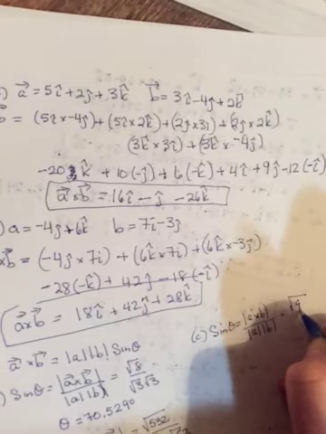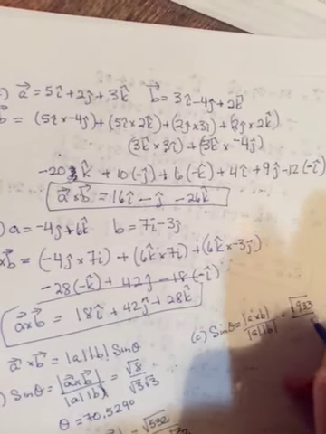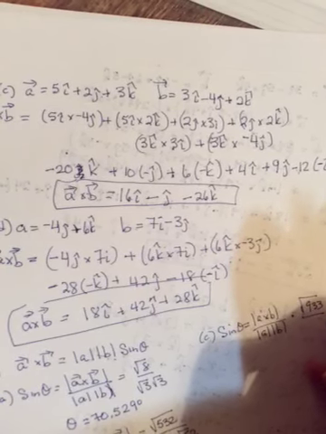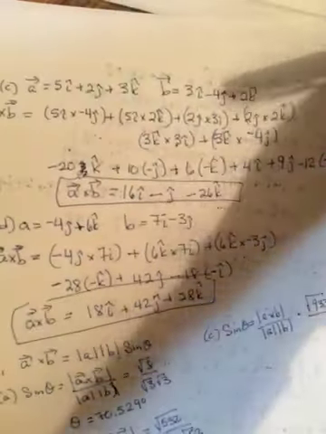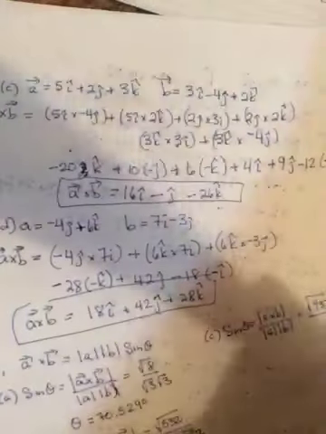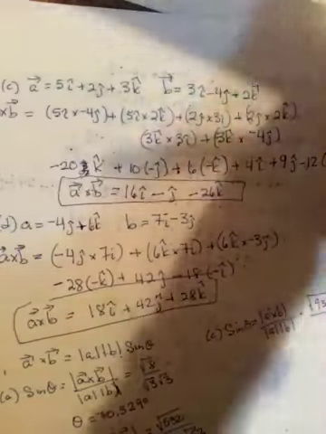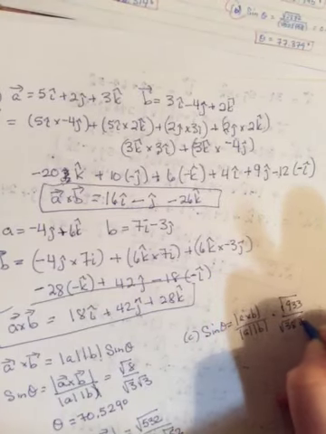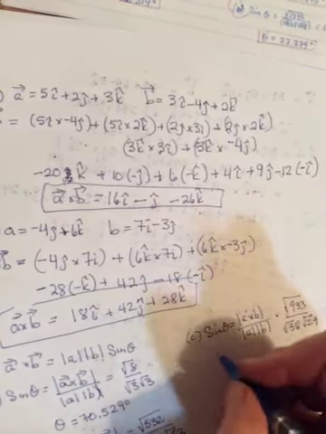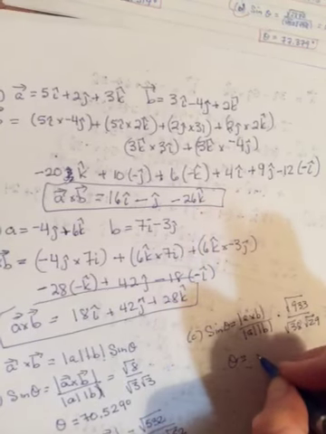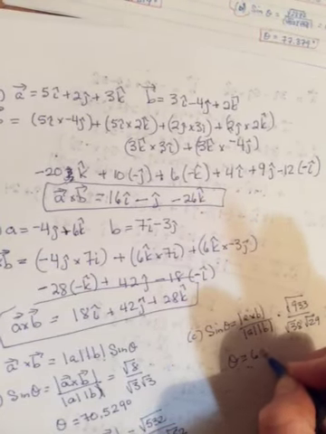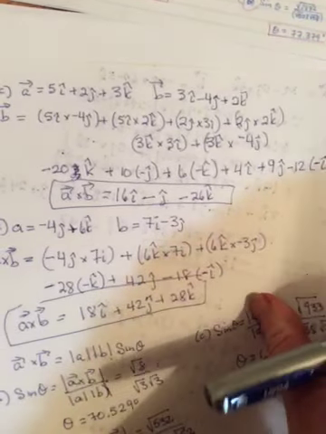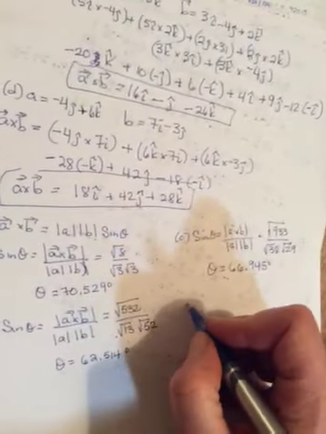So square root of 933 over the magnitudes of A and B, 38 and 29. And when you do this, you get theta is 66.945 degrees.